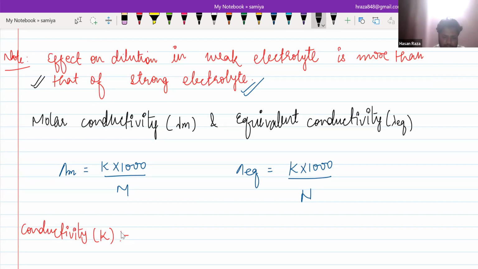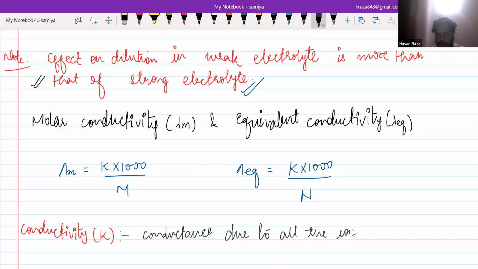So what does conductivity mean? Conductance due to all the ions present in 1 ml of electrolyte. So basically, it is the conductance due to ions present in 1 ml of electrolyte, this is the volume.